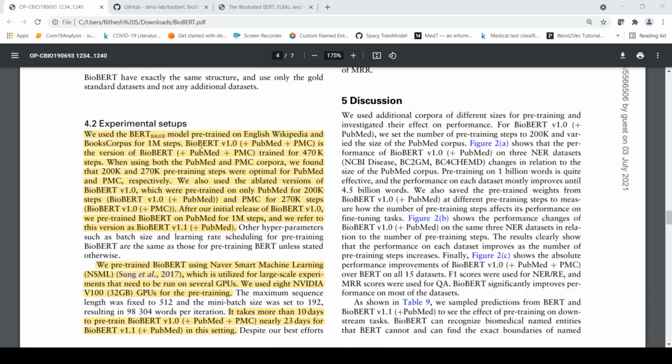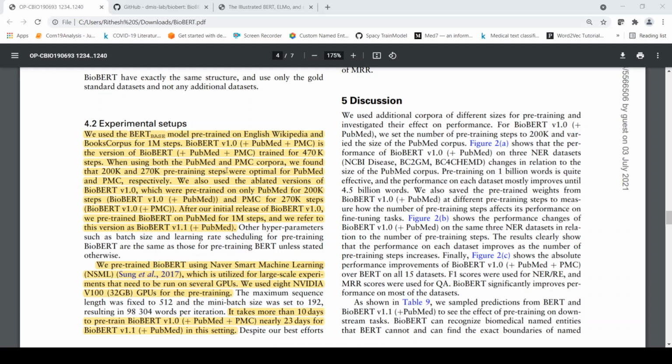So they initialize with that model. The BioBERT v1.0 has PubMed abstracts plus PubMed Central full text articles, and it is trained for 470k steps.